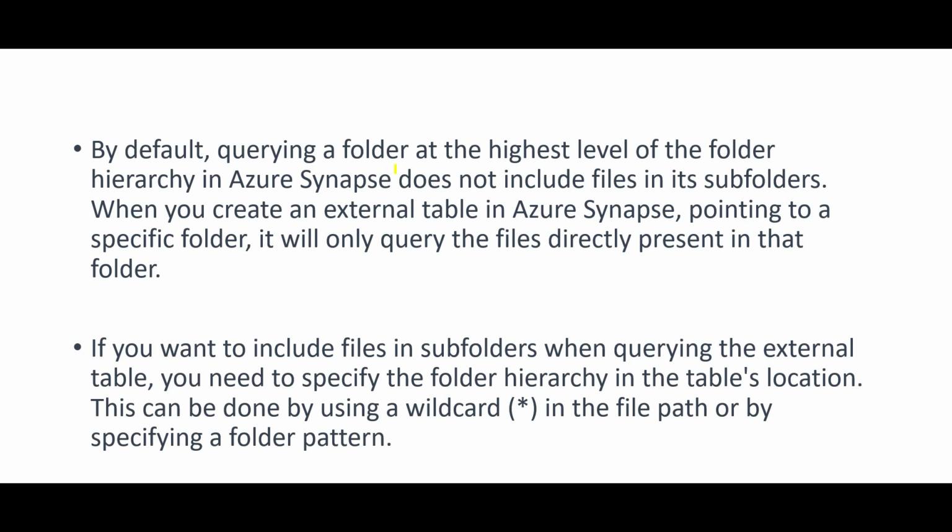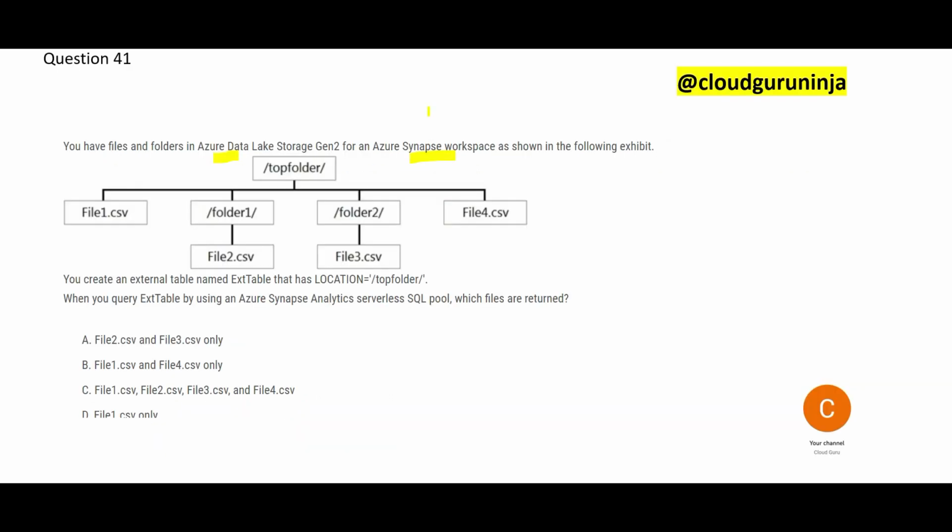See, by default, querying a folder at the highest level in Synapse does not include files in its subfolders. When you create an external table pointing to that specific folder, it will only query the files directly present. Okay, so subfolders will not be picked. So only file 1, which is directly under the top folder, and file 4, that is file 1 and file 4, will be accessed.